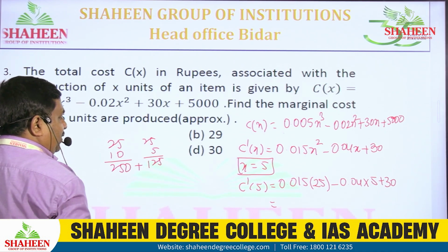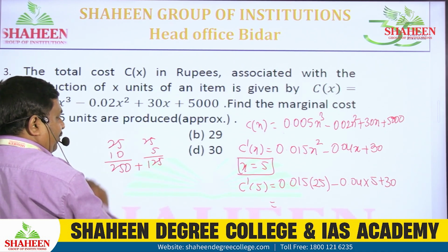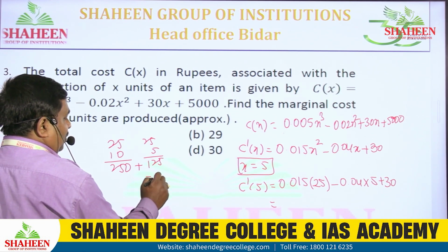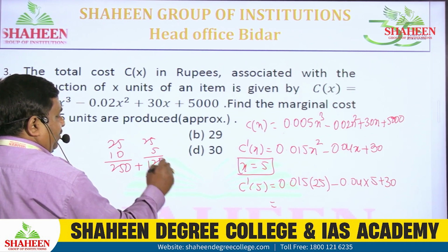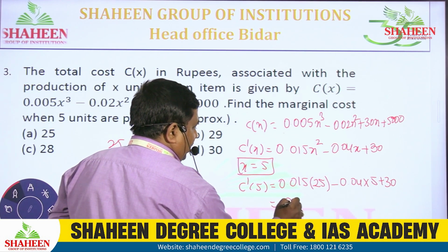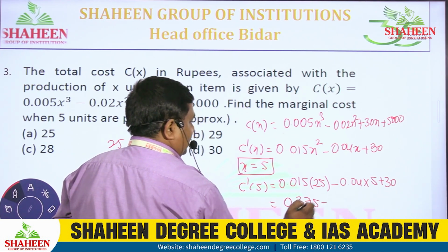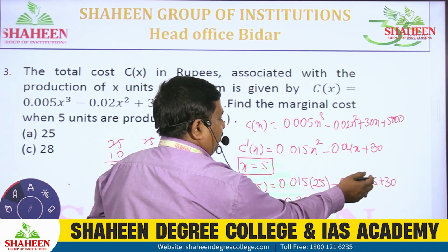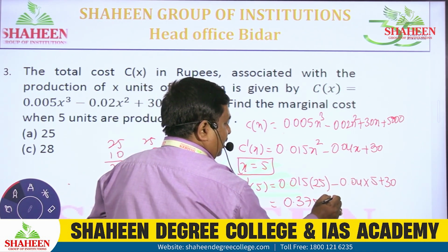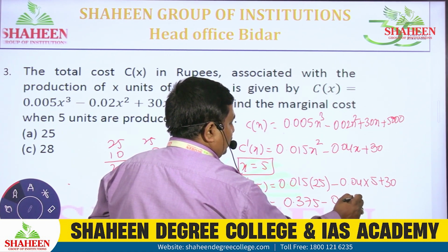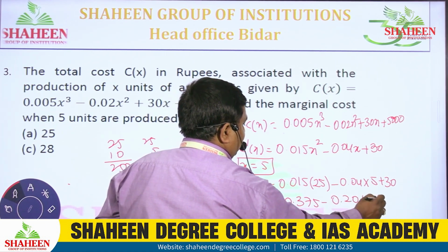The sum of these two is 375. That gives 0.375 minus 0.04 into 5. 5 fours are 20, that is 0.20, plus 30.